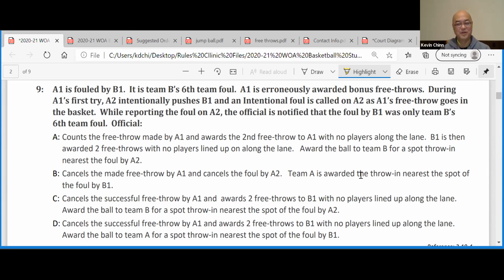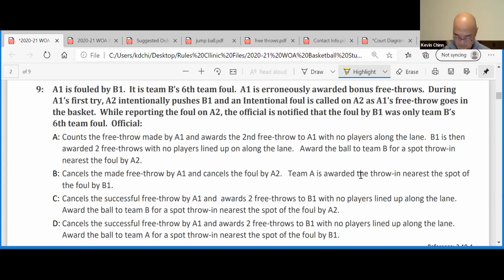Can somebody pipe in and tell me why they like C? It's a correctable error. That's good. You can correct it at that point, and it doesn't impact the play. Okay. So in the book, in that little reference, it says that it would be canceled.